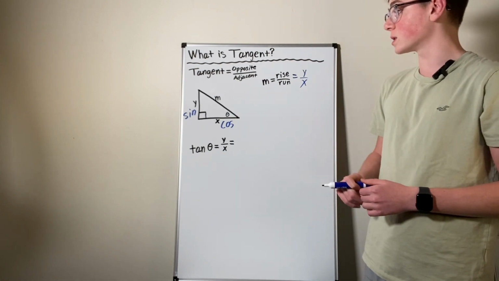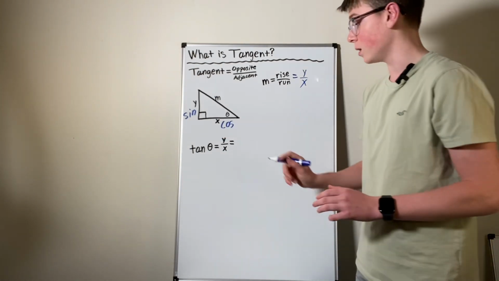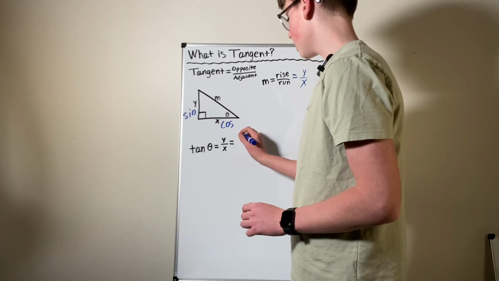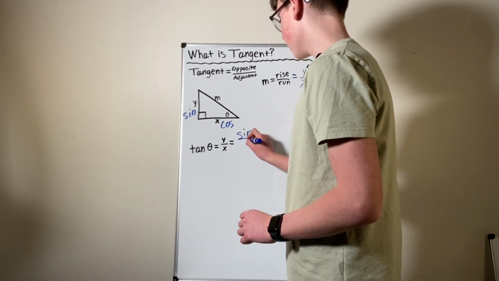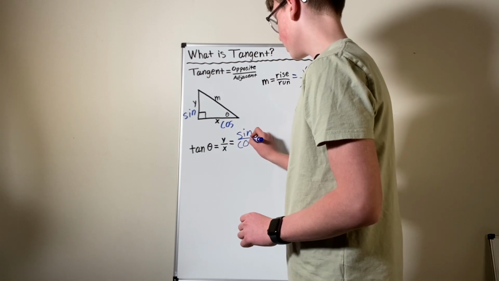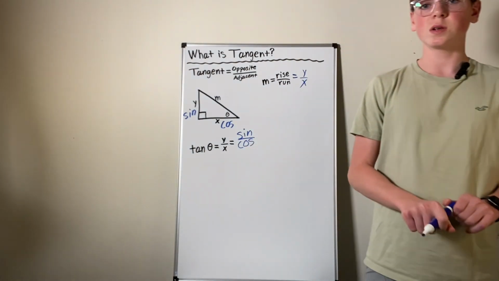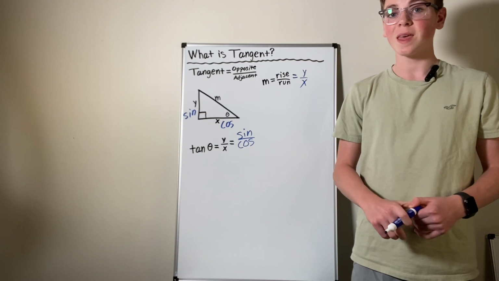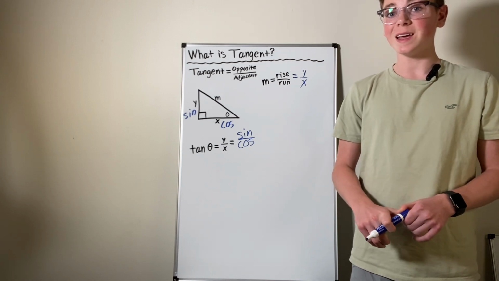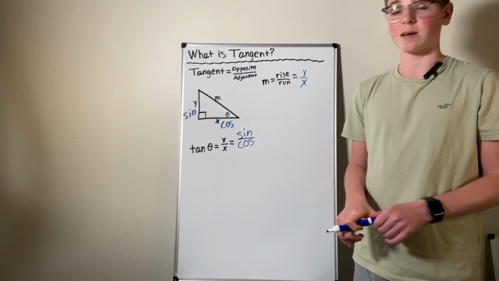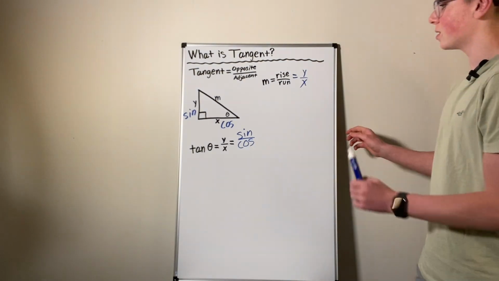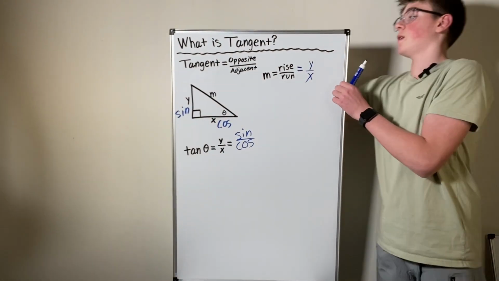So it's y over x. But if we have sine and cosine, sine is y, cosine is x. So tangent theta equals sine over cosine. Isn't that crazy? Yeah, sure is. Tangent theta is equal to sine over cosine.